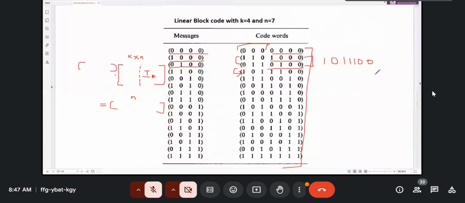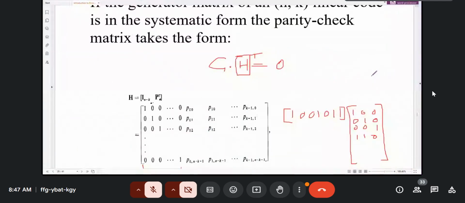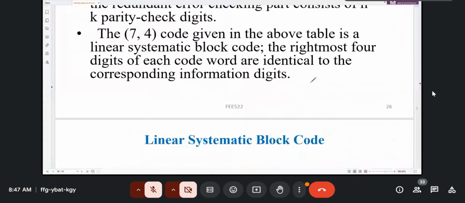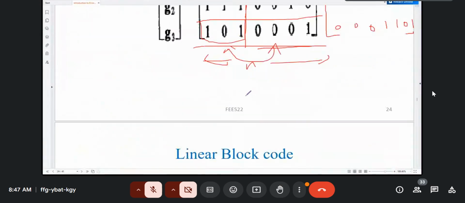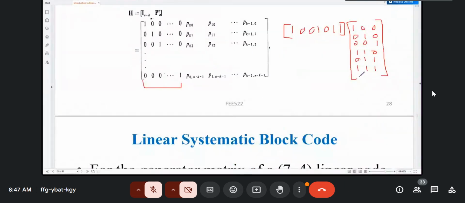Where was I doing the multiplication? 1, 1, 0, 0, 1, 1, 1, 1, 1, 1, 1, 0, 1, 1, 0, 1.